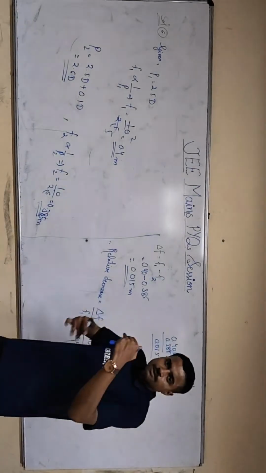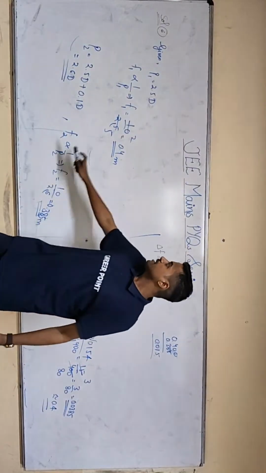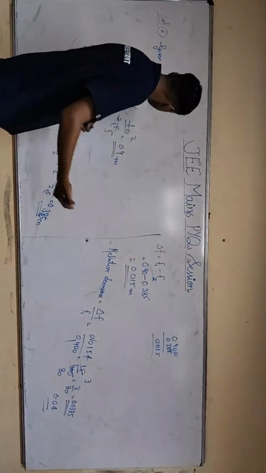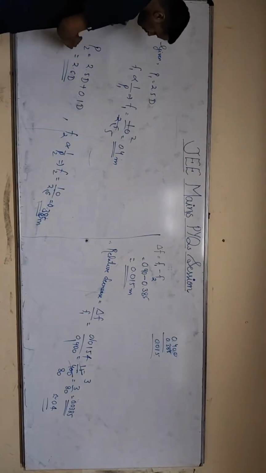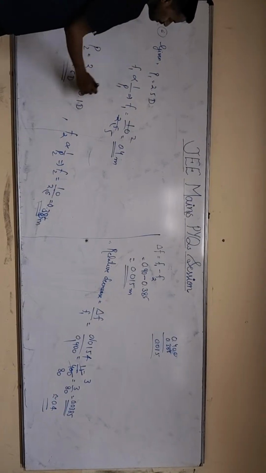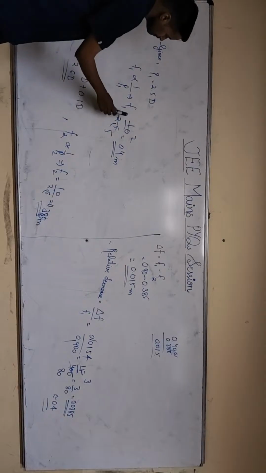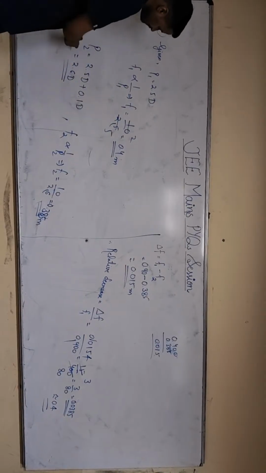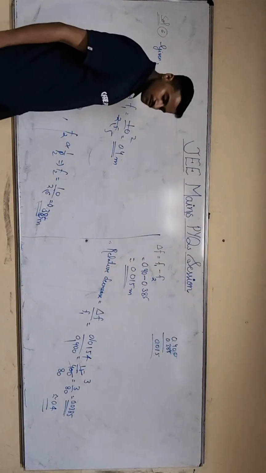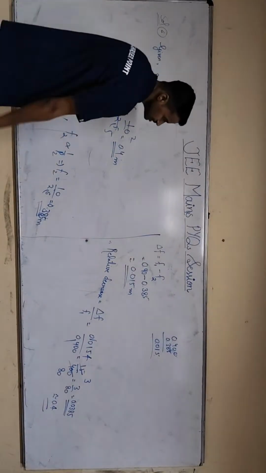The initial P1 is 2.5, increased by 0.1, so P2 becomes 2.6. You know the relation between focal length and power is inverse: focal length is 1 upon power. So F1 is 0.4 and F2 is 0.385.